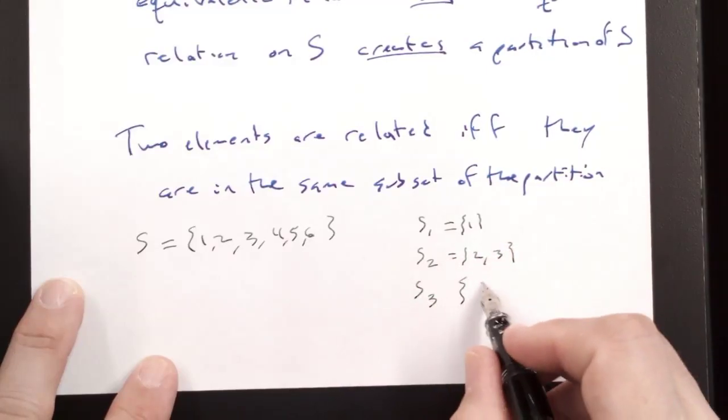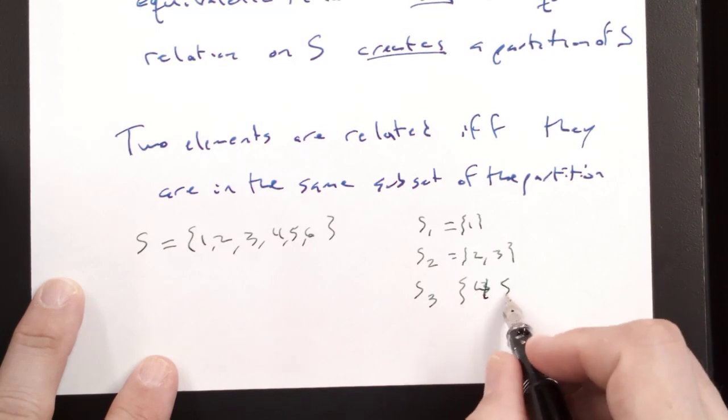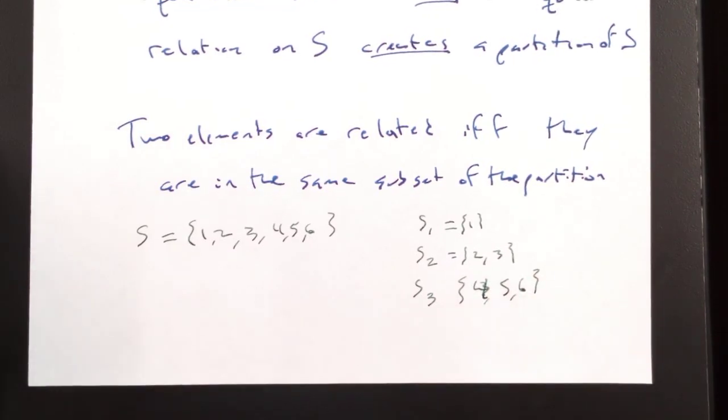And set 3 is just the numbers 4, 5, and 6. One is related to 1 and nothing else. 2 is related to 3. 2 is related to 2. 3 is related to 3. 4, 5, and 6 are all related to each other, right?